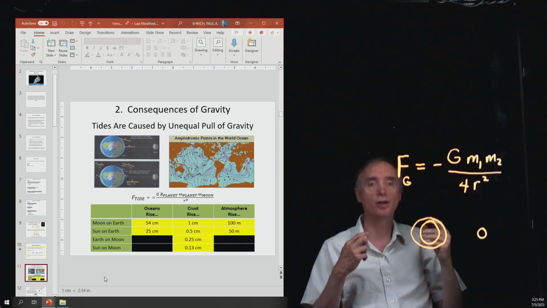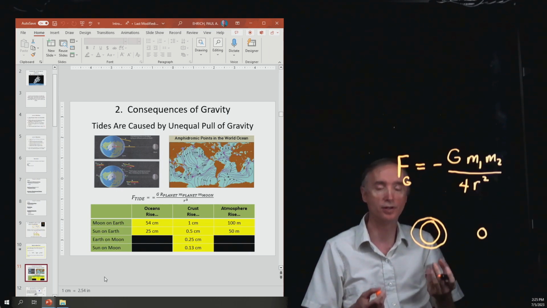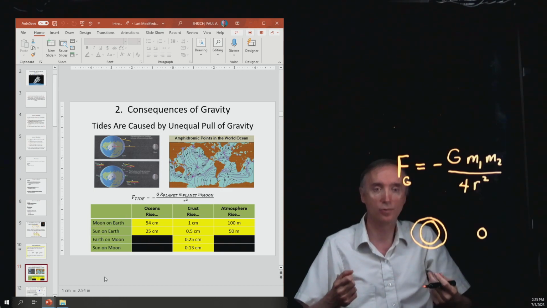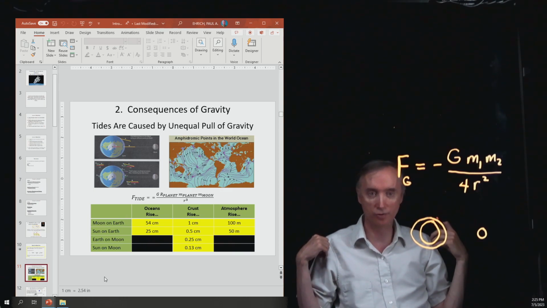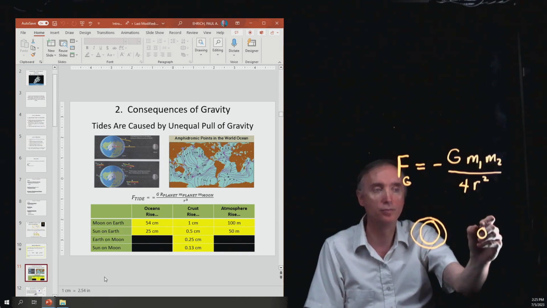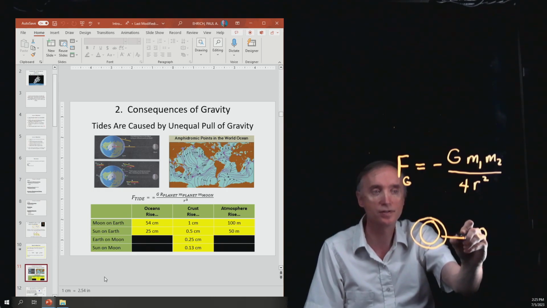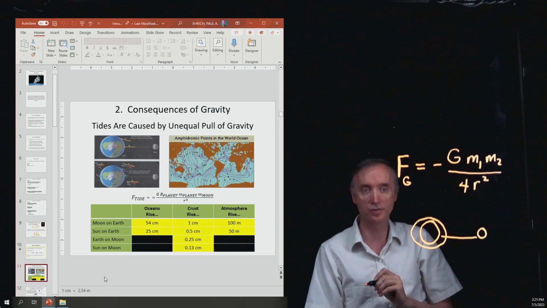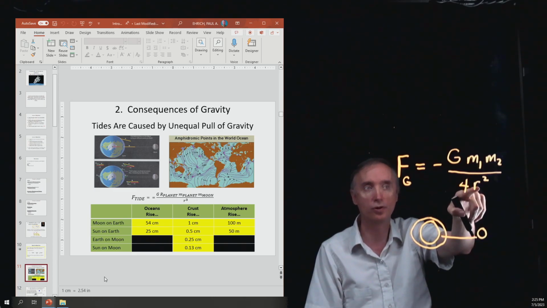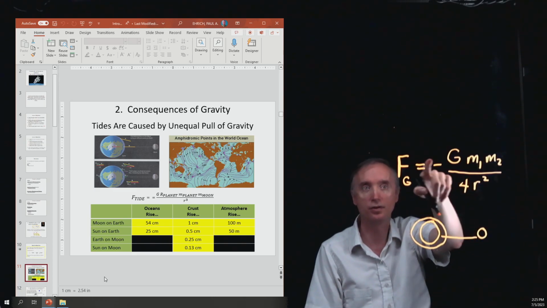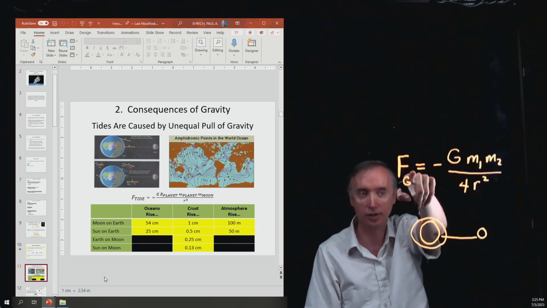Okay, you should be able to explain why. So in class, we did the thing where people stood shoulder to shoulder. Okay, and then the gravity of the moon is going to pull on this water harder because the distance is the shortest. The shorter the distance, the greater the force of gravity is going to be.